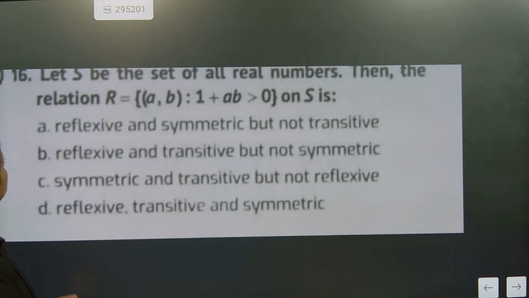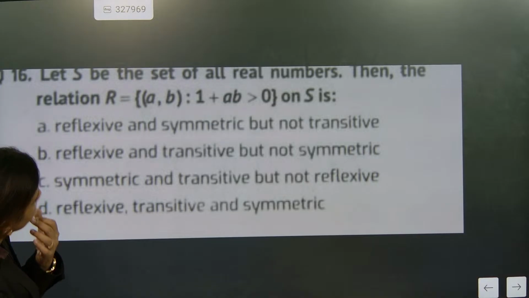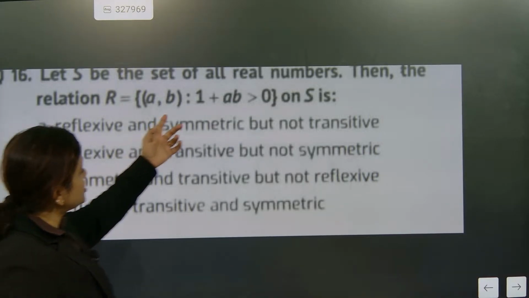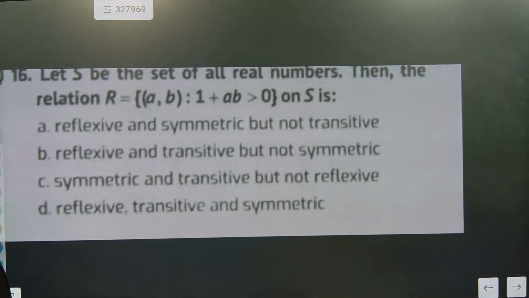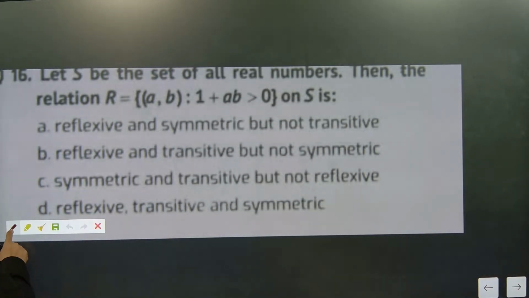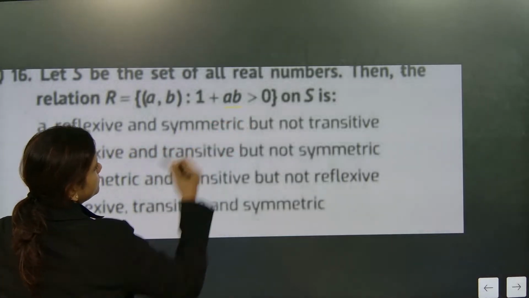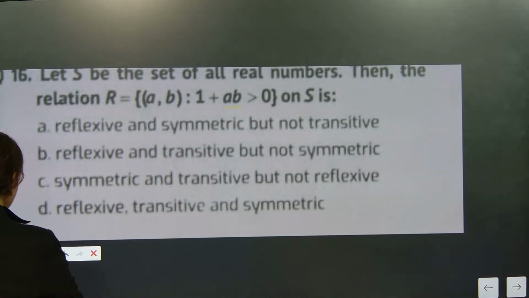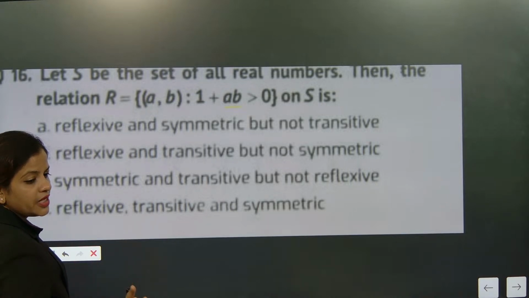If you people check, S is a set of all natural numbers. Sorry, natural or real numbers. But is it going to be an equivalence relation or not? We need to check. Check this one out. I can write here 1, 1. In class, I taught you people. I hope you are remembering that.